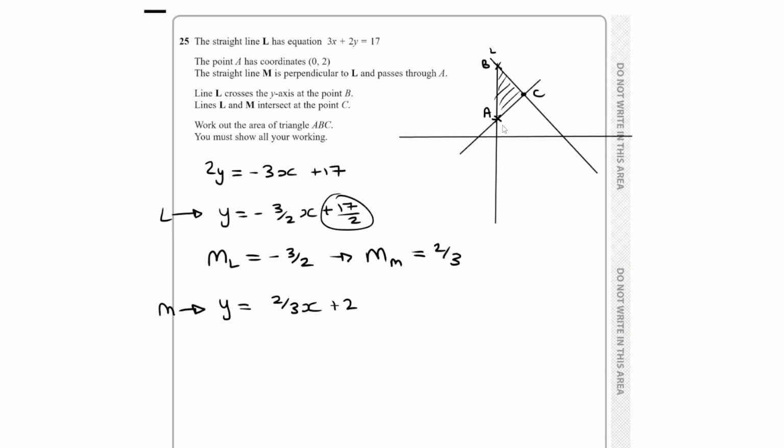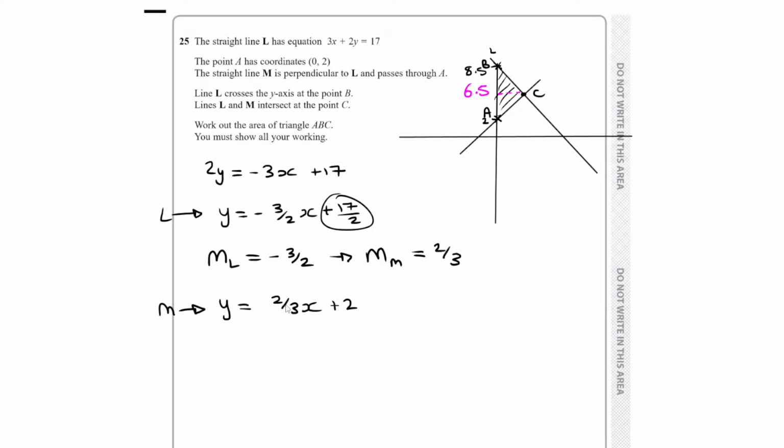I know that this number here is 2. I know that this one is 8.5 because that's 17 over 2. So if you think about your triangle, the base of the triangle is 6.5. I just now need to know the perpendicular height, like this bit here, wouldn't it? So I want to know the coordinates of C.